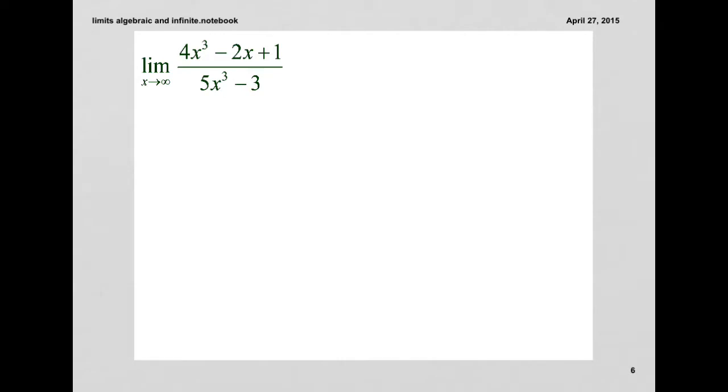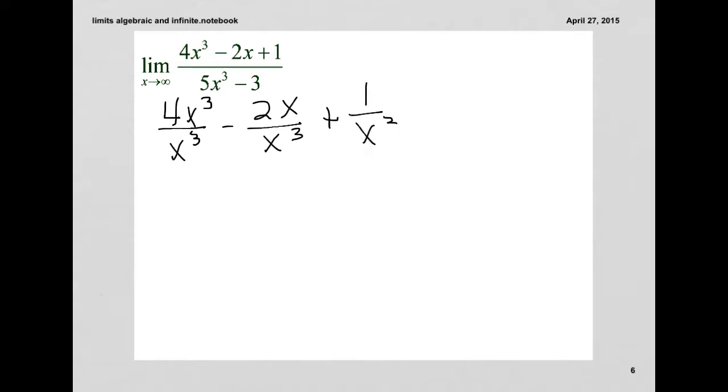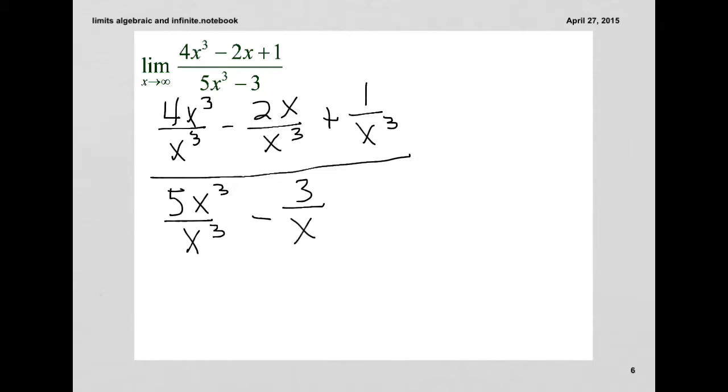So that's going to be 4x cubed over x cubed, because that's the highest, minus 2x over x cubed plus 1 over x cubed, over 5x cubed over x cubed minus 3 over x cubed.